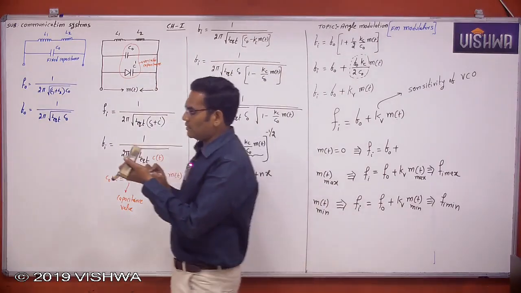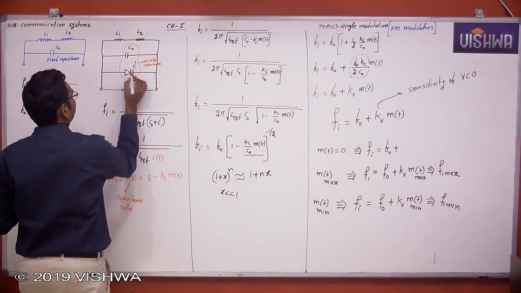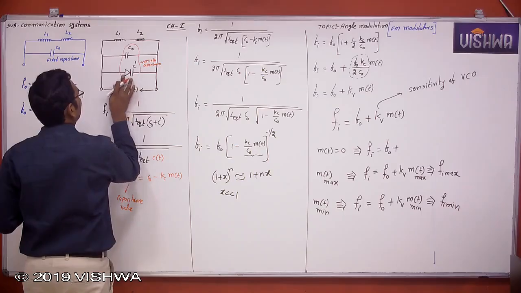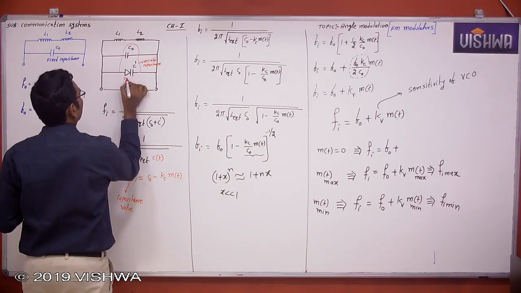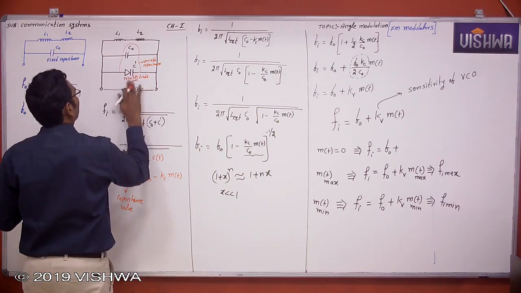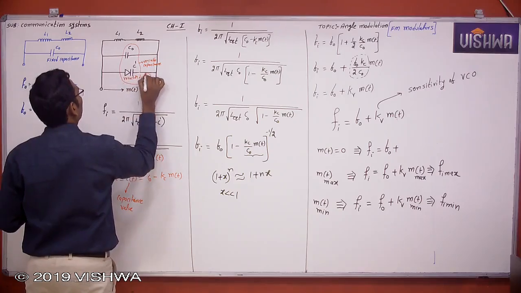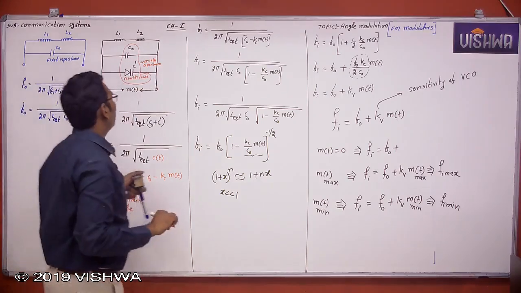Okay. Now this is a varactor diode, variable capacitance. When this varactor diode comes into the picture, the capacitance will become variable.